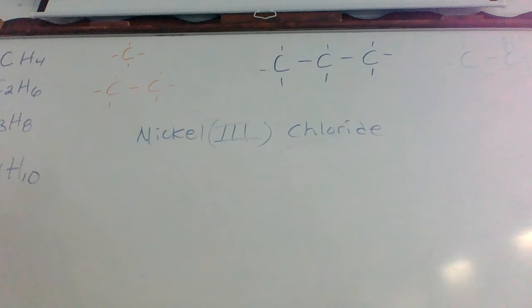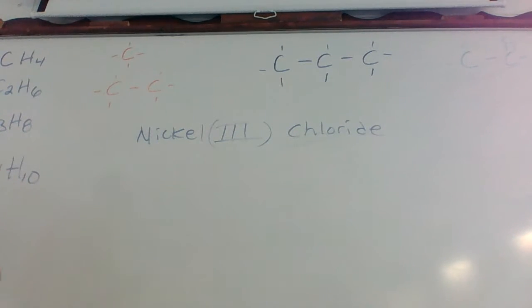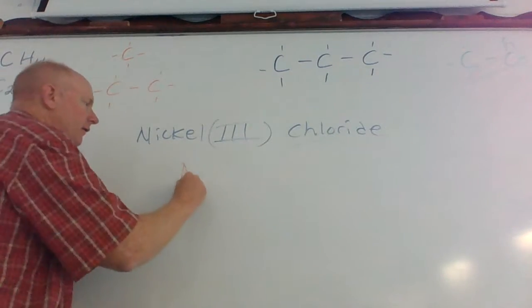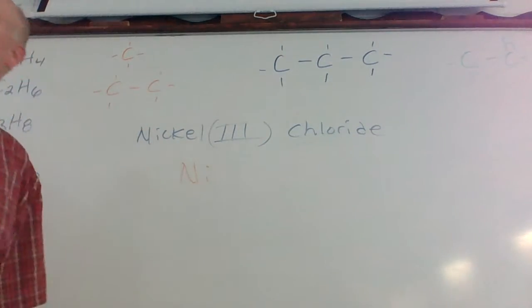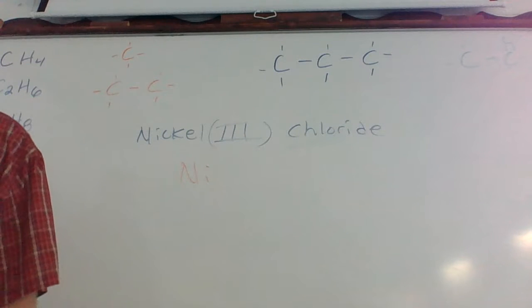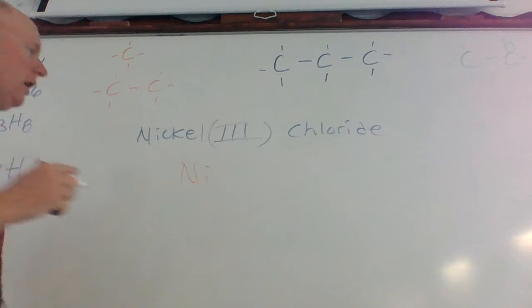You need to write it out. So, the symbol for nickel is what? Ni. Okay, the symbol for chlorine or the chloride ion would be negative. Say that again. -1. Okay.